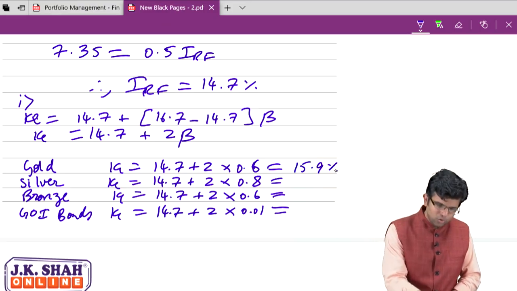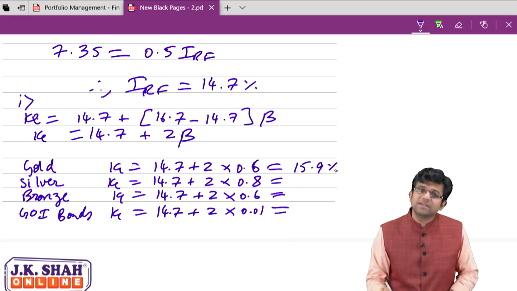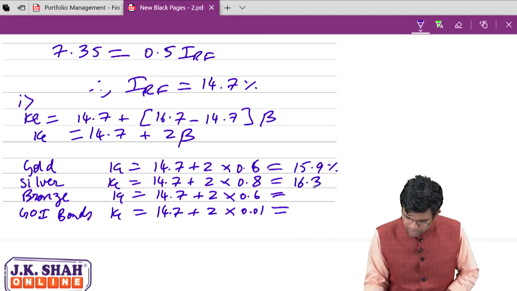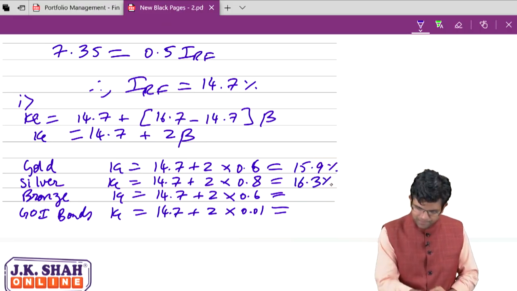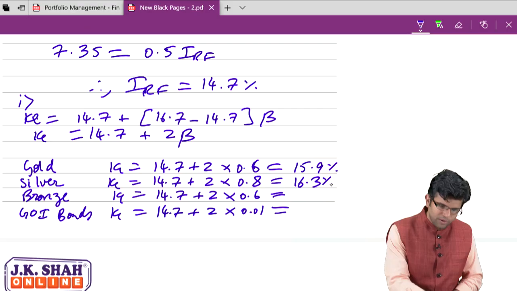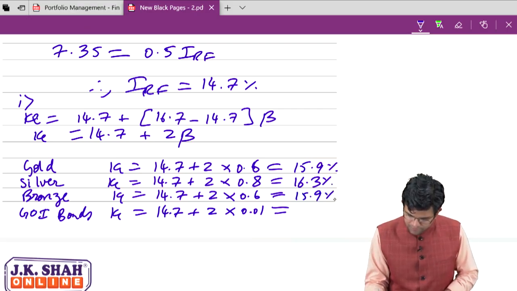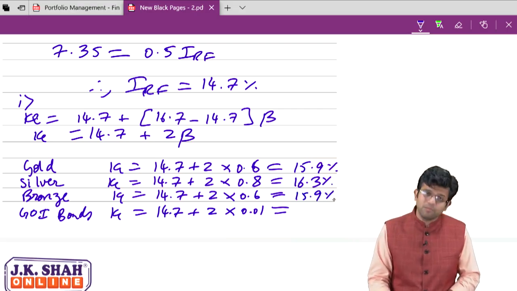KE for silver, 2 into 0.8 plus 14.7 will be 16.3%. Next, students, 2 into 0.6 plus 14.7 will give me 15.9%. Again, 15.9% is the KE for bronze.